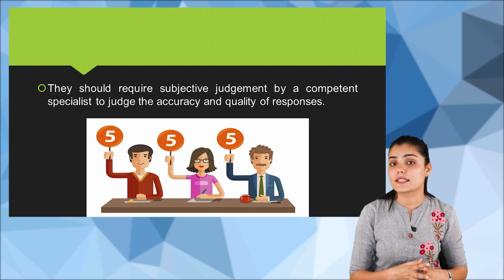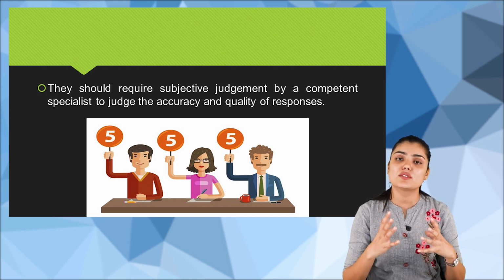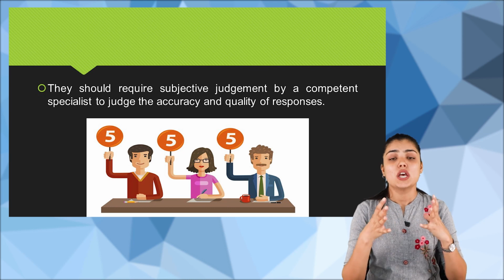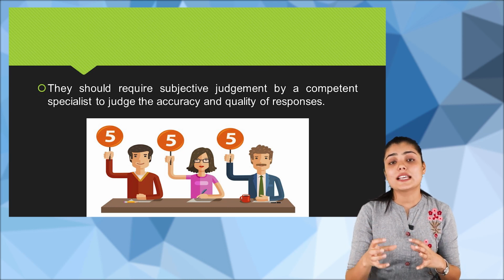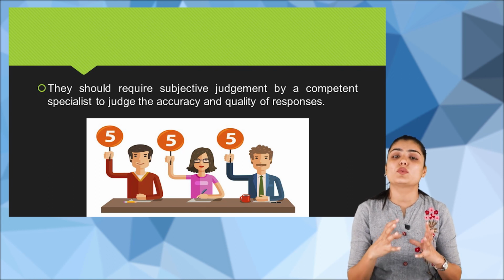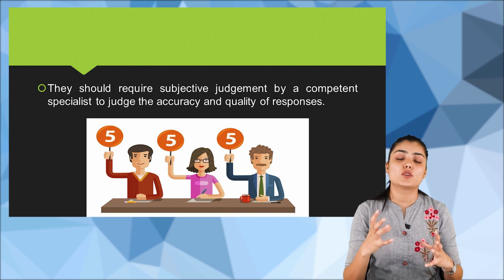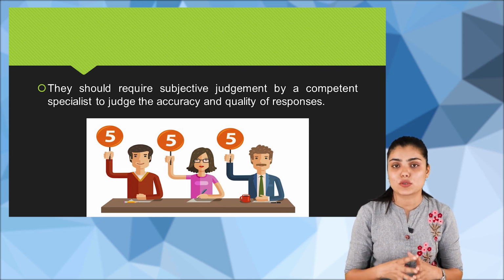So there can be different ways, different patterns of answering the same question. In order to make sure there is quality judgment of what is written by every different student, we need a skilled person, a person who is competent enough to judge what is written by the students.